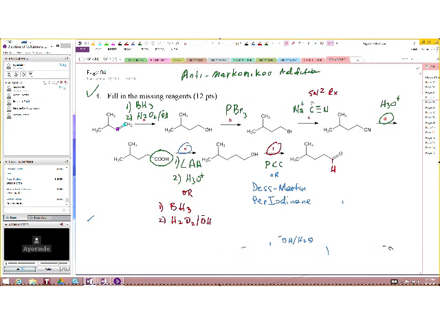For example, you could have a secondary alcohol, and PCC or Dess-Martin will take it to a ketone.